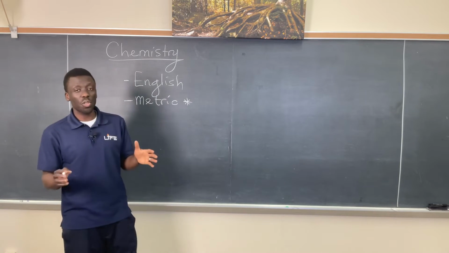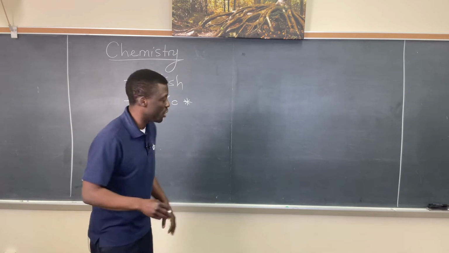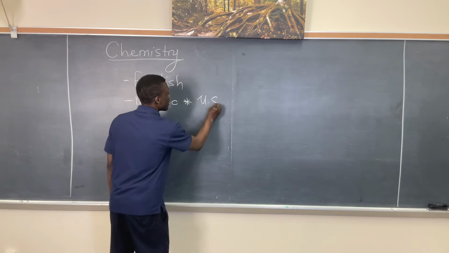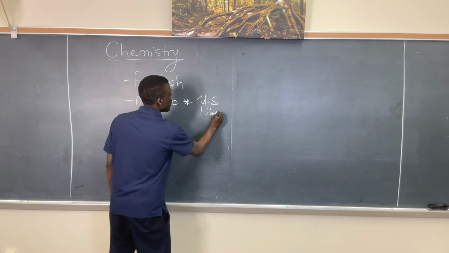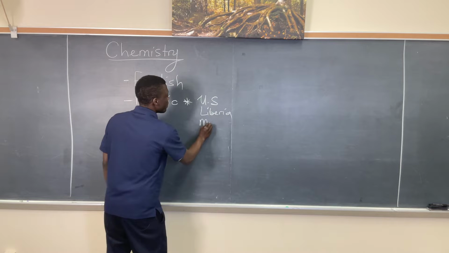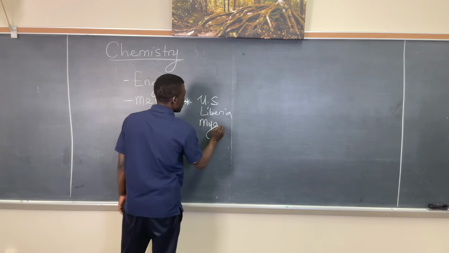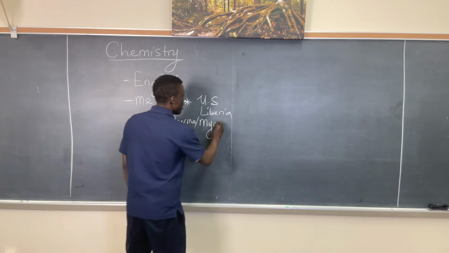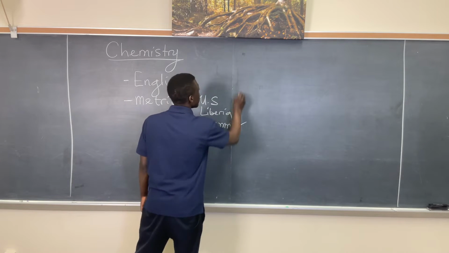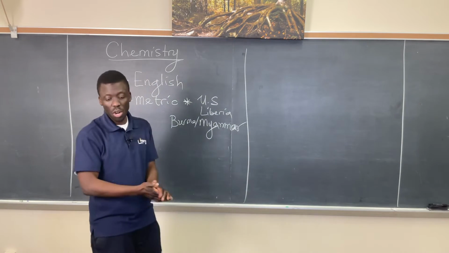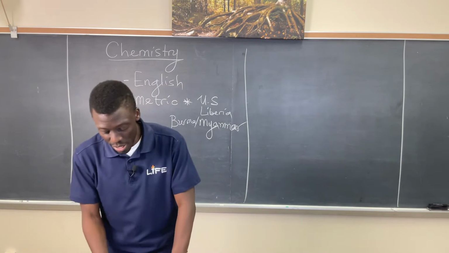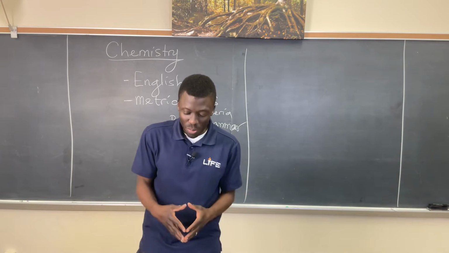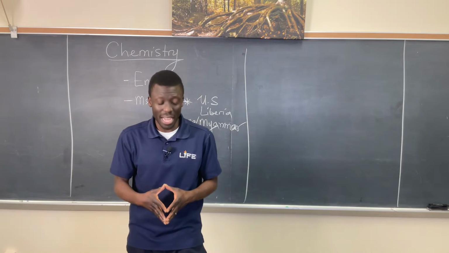Almost every country of the world uses the metric except 3 countries: America, Liberia, and Myanmar, or Burma. Only 3 countries do not use the metric system. Someday, we hope that that would change, but at this point, that's the case.